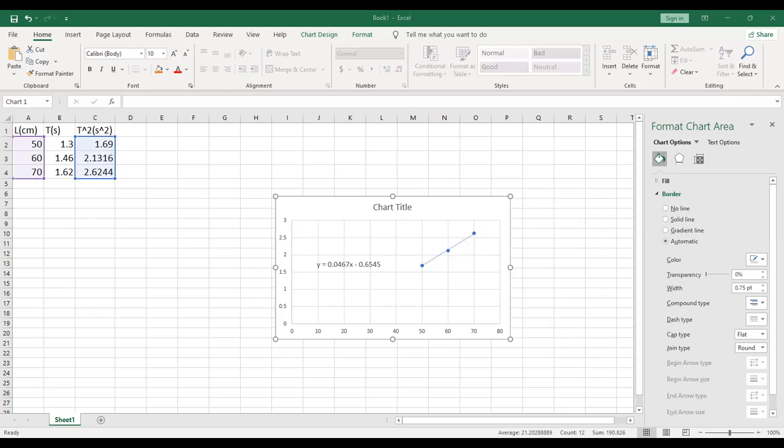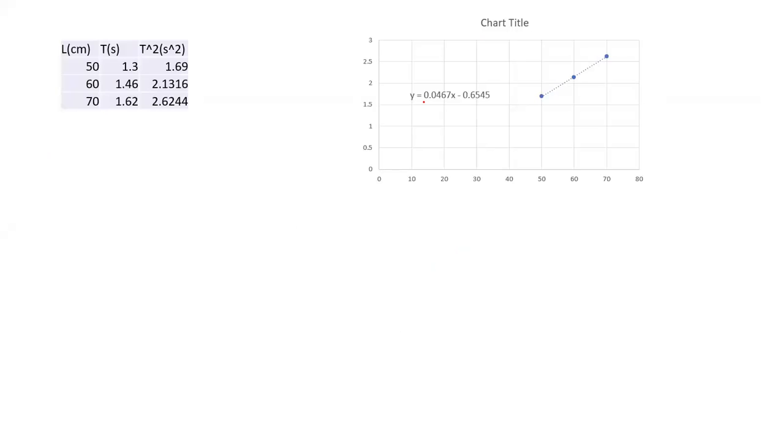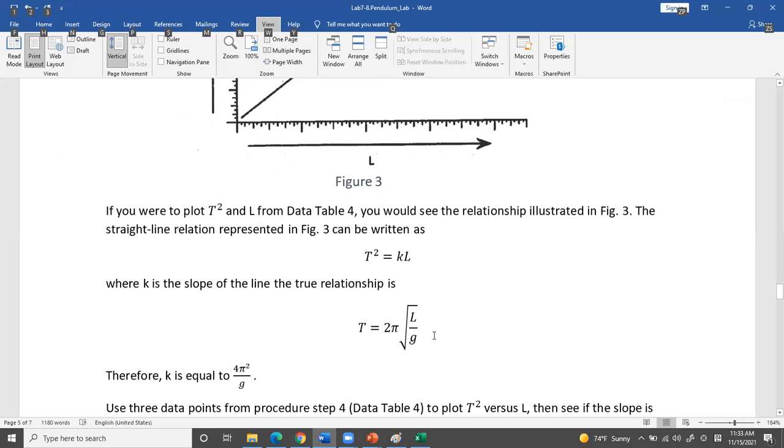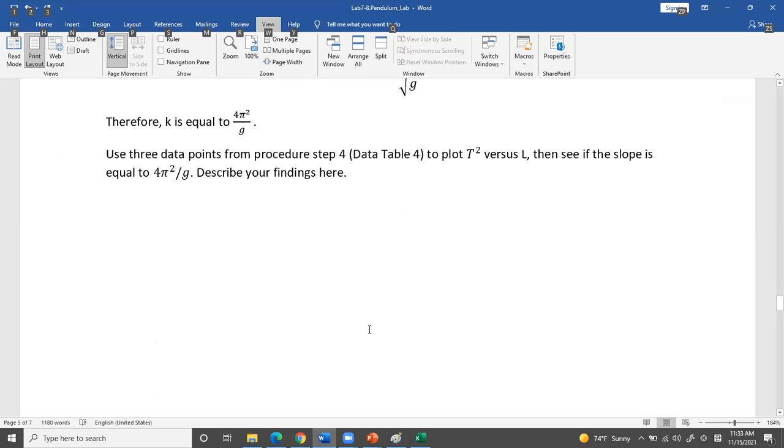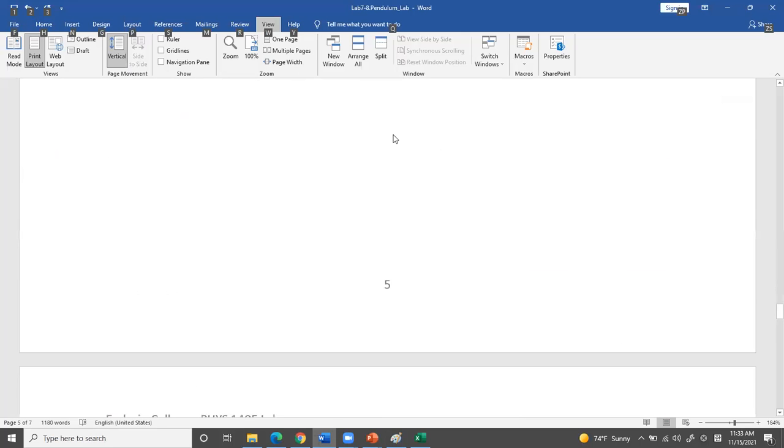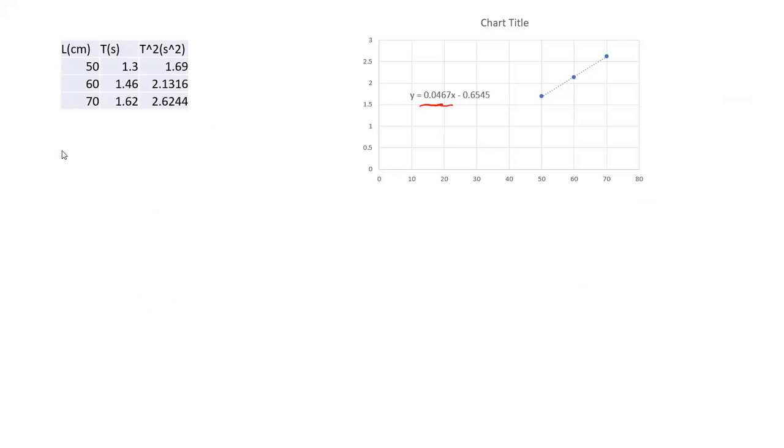Then here's the slope. The slope is 0.467. Then as we see here, T squared versus L. This is derived from T equal to 2 pi times the square root of L over g.